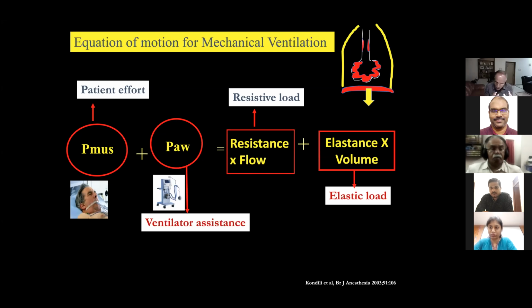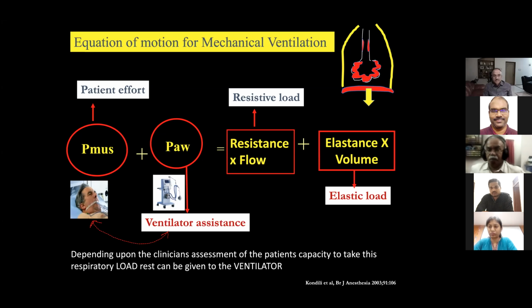So whenever you have to decide which mode to go along with for the patient, you have to look at your patient and see what is the capability, how much load can he take. The rest has to go to the ventilator. It's an obvious deduction. It's not rocket science. Depending upon the clinician's assessment of the patient's capacity to take the respiratory load, the rest of the load can be given to the ventilator. This is how you decide a mode, isn't it?